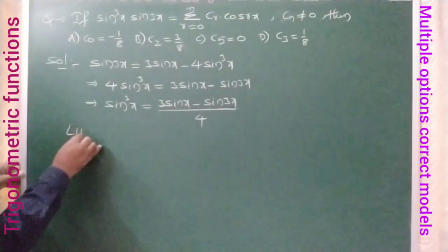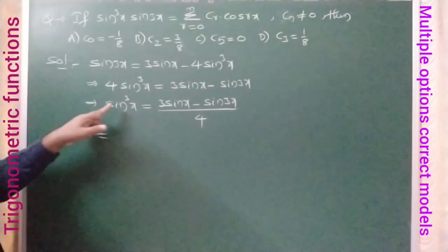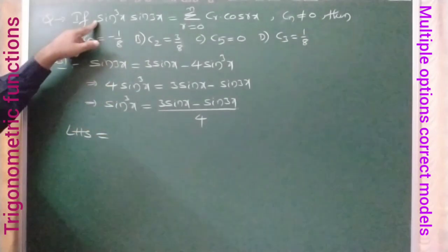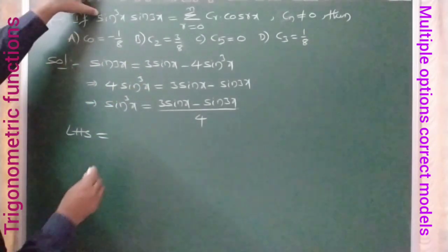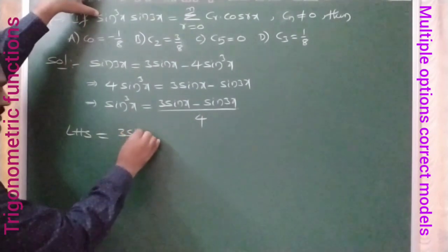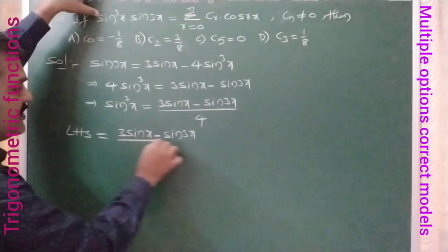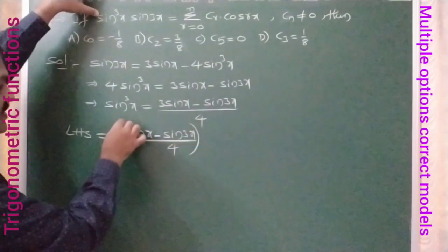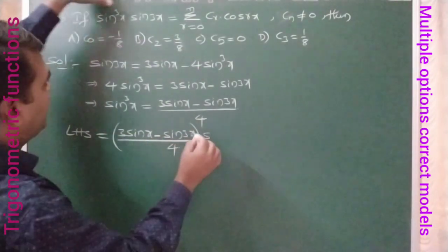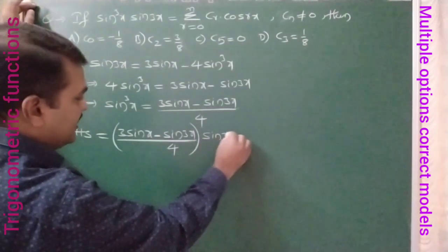So take the LHS now. In place of sin cube x, substitute this one. In place of sin cube x, we will write (3 sin x minus sin 3x) by 4 into sin 3x.